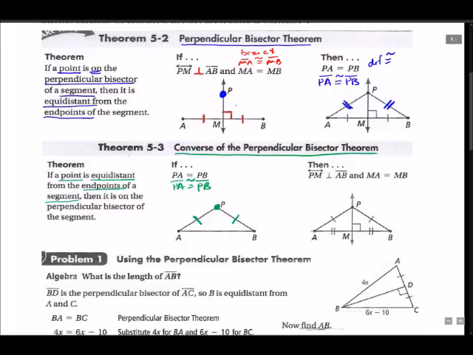Then the point is on the perpendicular bisector of the segment. So we can draw a line through point P and the segment, and it will be perpendicular and bisect the segment.